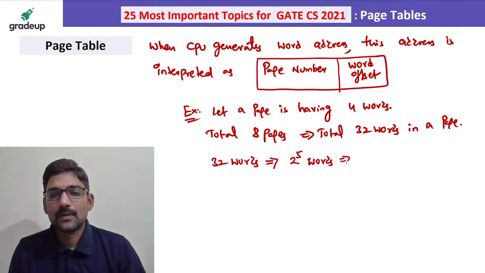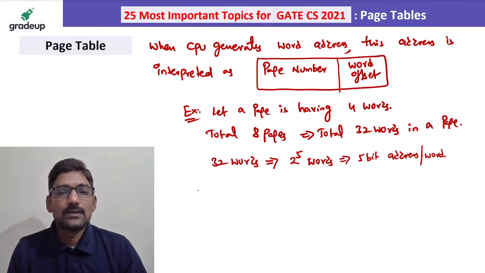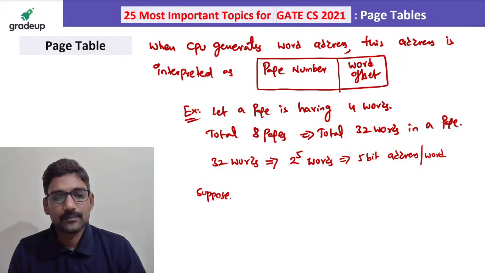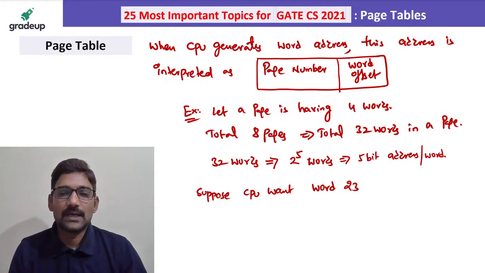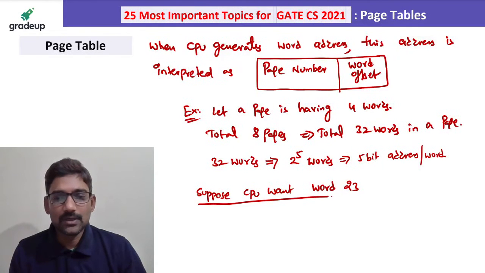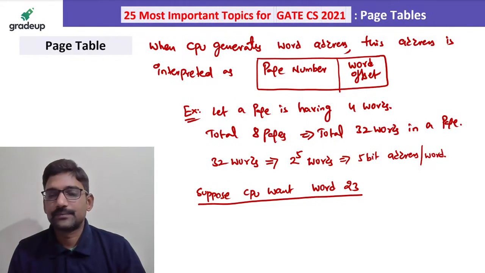So there will be a 5-bit address for every word. Suppose CPU wants word number 23. Let us assume CPU wants word number 23.